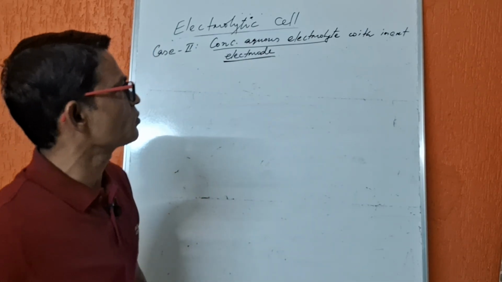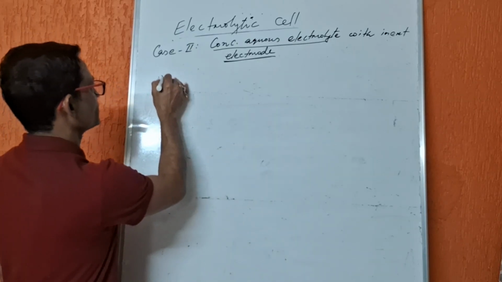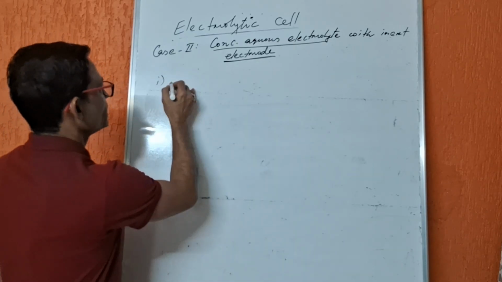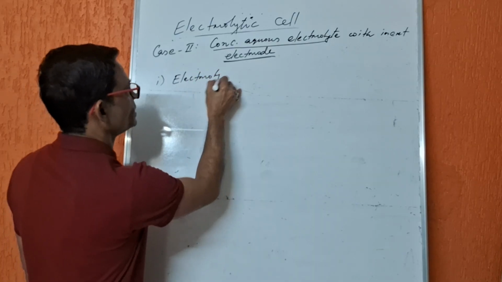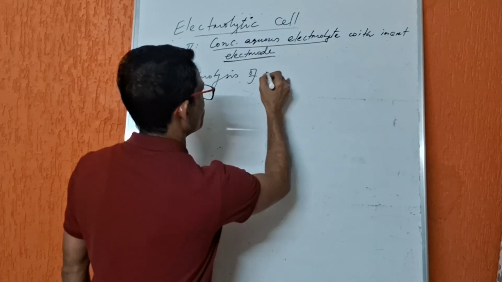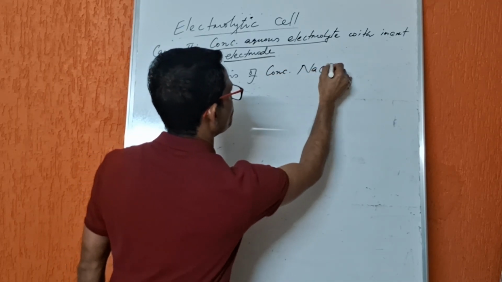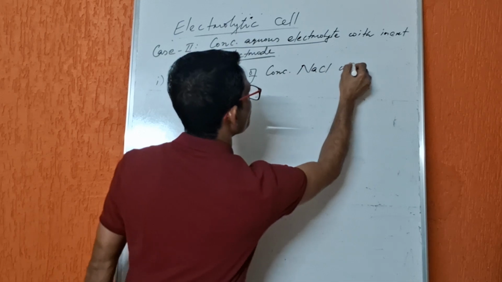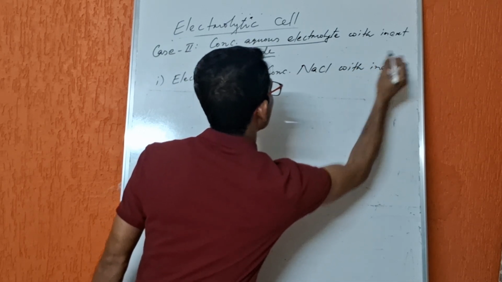Concentrated aqueous electrolyte with inert electrode. The first case is electrolysis of sodium chloride, concentrated sodium chloride with inert electrode.